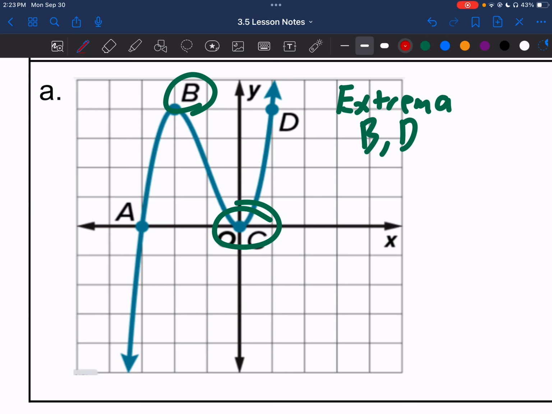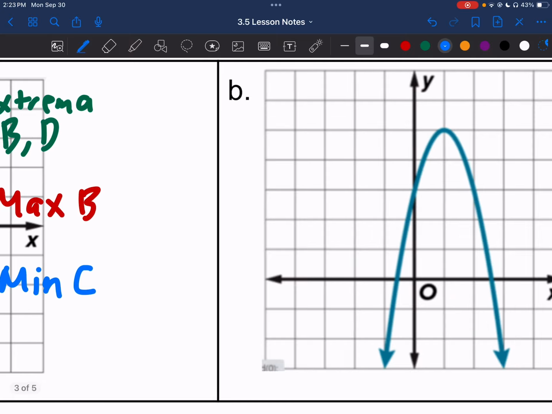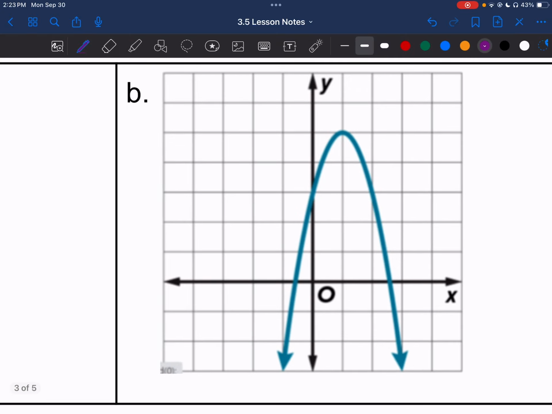I am at a max at letter B, and I am at a min at letter C. And for example B here, my extrema is at the top, and that is a maximum.